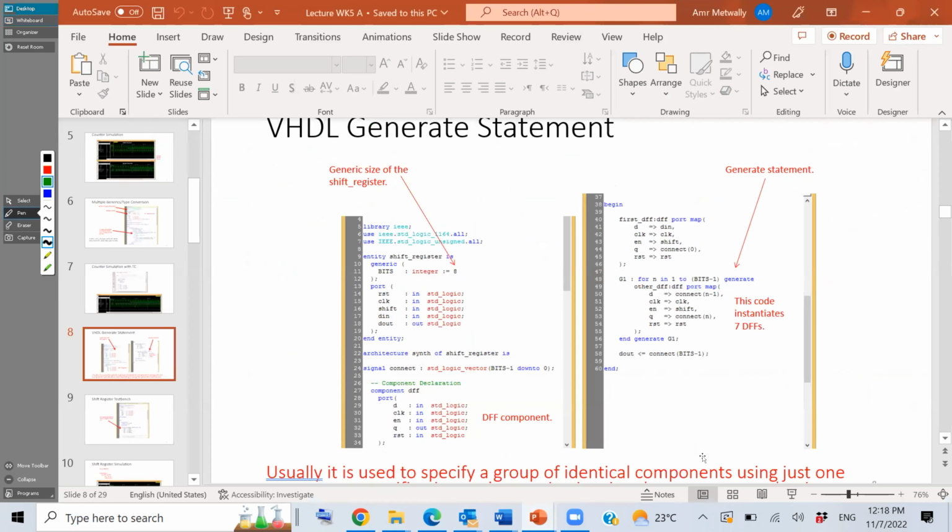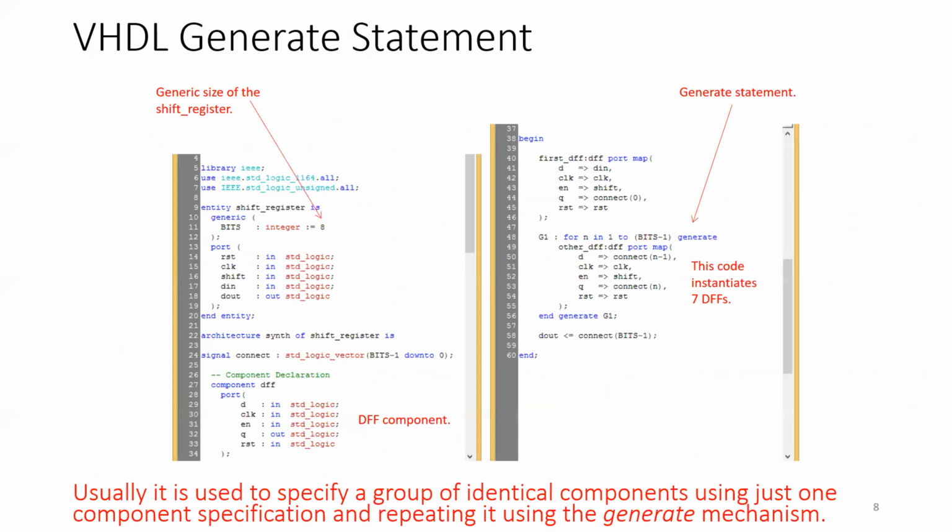DF7 here, connect 8 minus 1, that is 7. So I am outputting this to the out. Any more explanation? Clear?